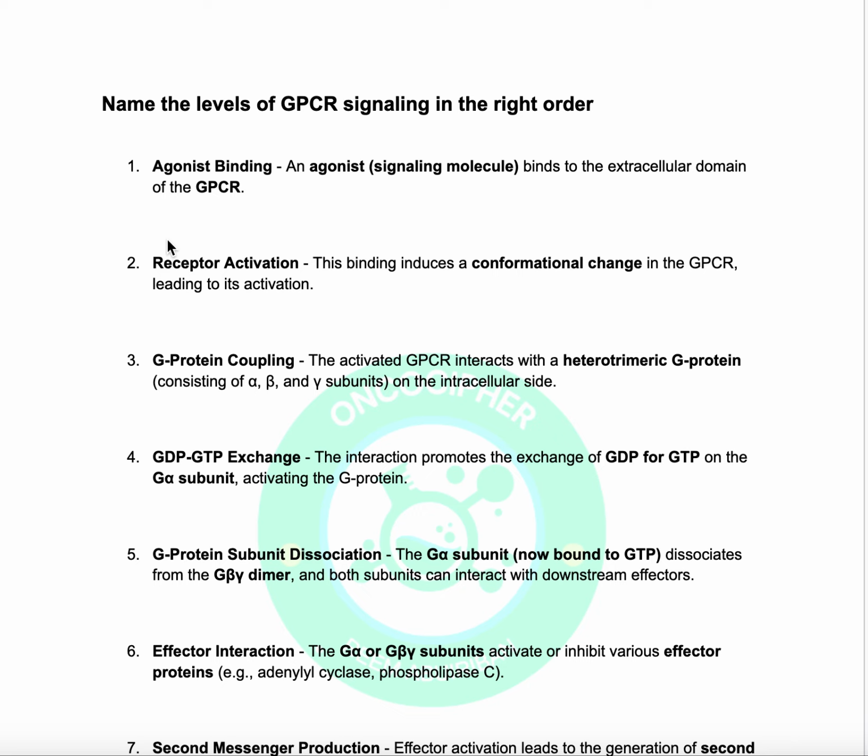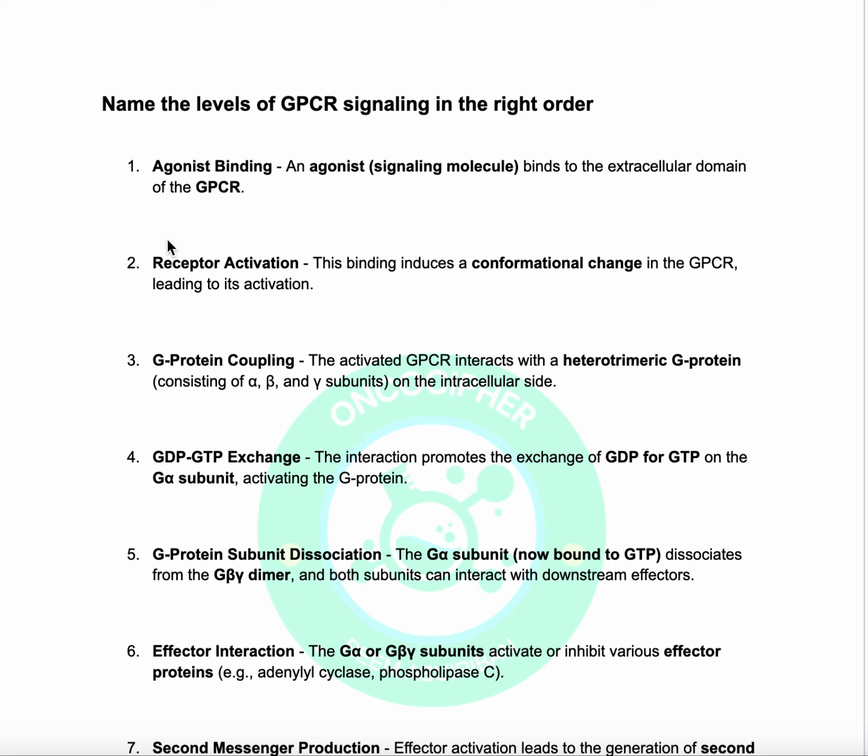Okay, after its activation, then G protein coupling. The activated GPCR interacts with the heterotrimeric G protein, which consists of alpha, beta, and gamma subunits on the intracellular side. So we say first that the agonist binds to the extracellular domain of the GPCR, and that leads to conformational changes in the GPCR, and the activated GPCR interacts with the heterotrimeric G protein, which from its name contains 3 subunits on the intracellular side.